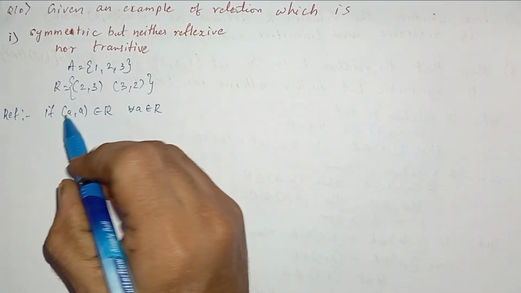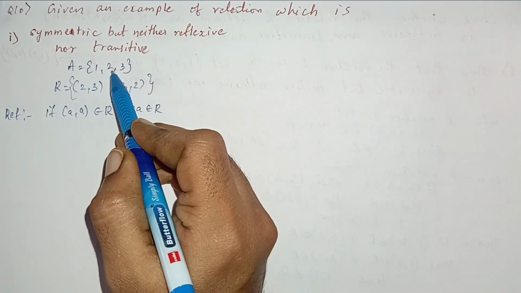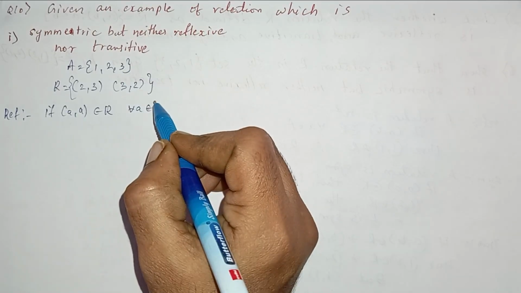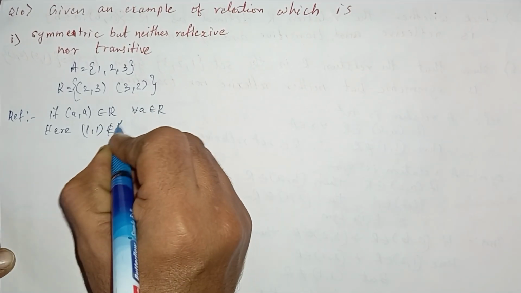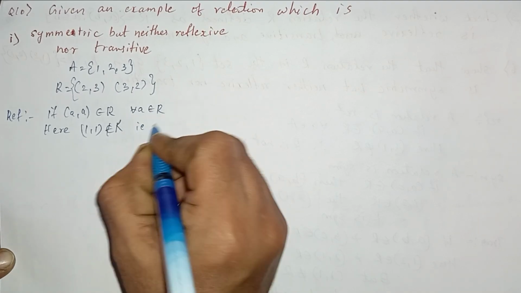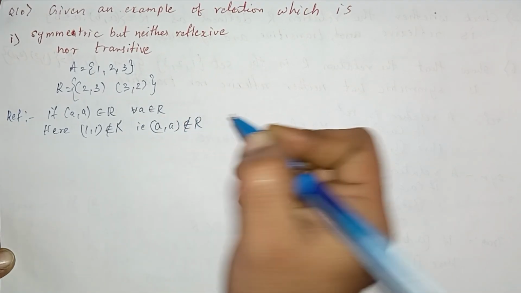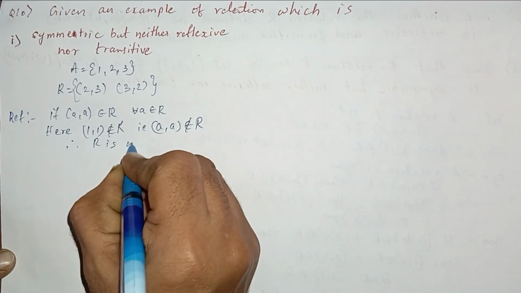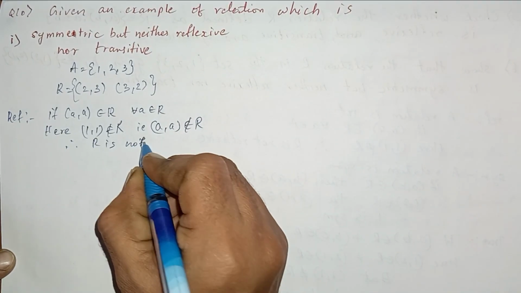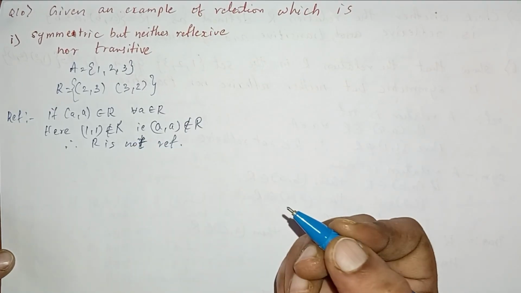So here (a, a) should belong to R, meaning (1, 1), (2, 2), (3, 3) should belong to R. But here (1, 1) does not belong to R. Therefore R is not reflexive.